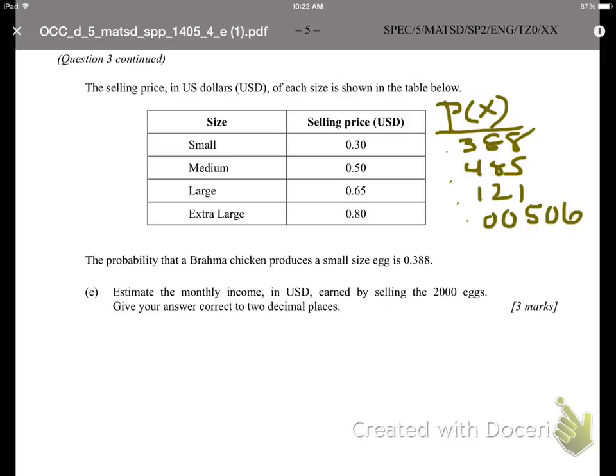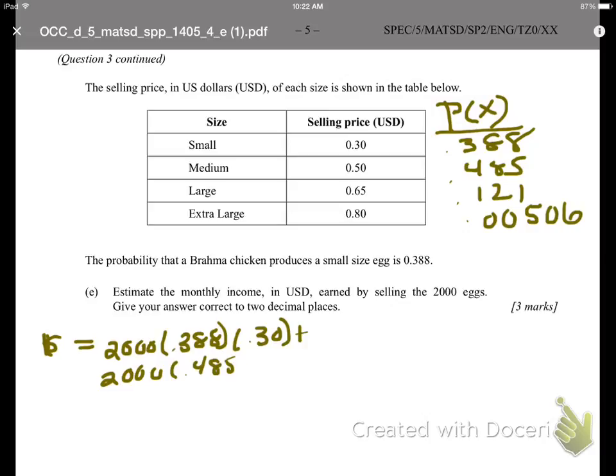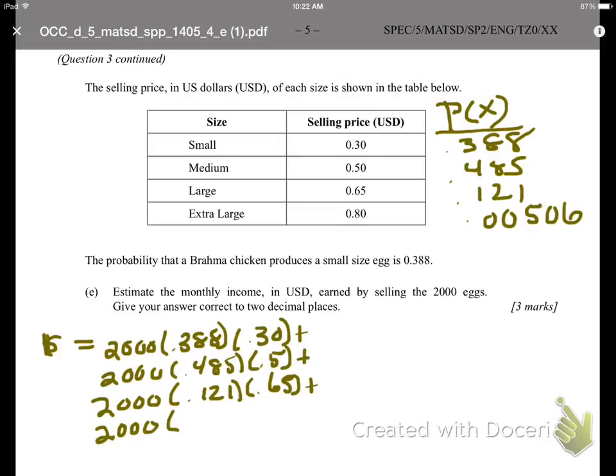So first let's do it for the small. So the income is going to equal 2,000 times 0.388 times 0.3, plus 2,000 times 0.485 times 0.5, plus 2,000 times 0.121 times 0.65, plus 2,000 times 0.00506 times 0.8.